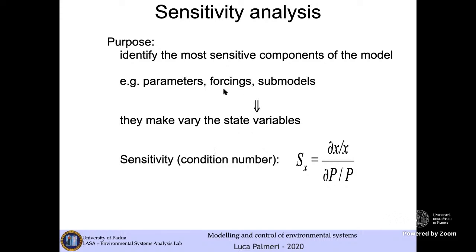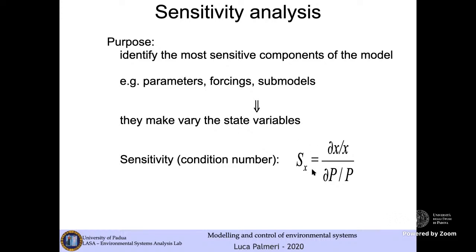In order to evaluate how changing parameters, forcing functions, or the characteristics of the model change the state behavior of a system, we may employ the condition number, also called sensitivity. Condition numbers or sensitivities are derivatives normalized on the absolute value. So how much the relative variation of a parameter, p, compares to the relative variation of the state variable x, and this number is called the condition number.